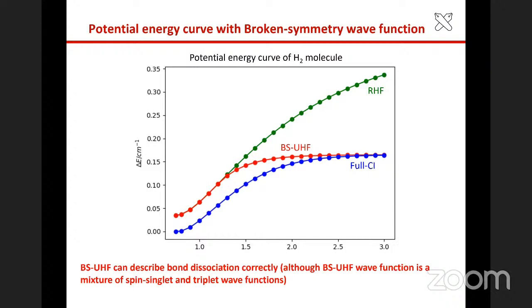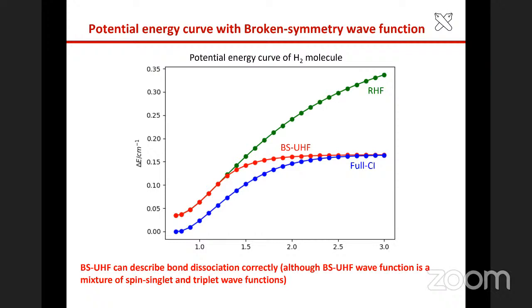Actually, this BS-UHF broken symmetry wave function can describe the bond dissociation limit correctly. This is because, roughly speaking, this broken symmetry wave function is a linear combination of an open shell singlet configuration and an open shell triplet configuration.